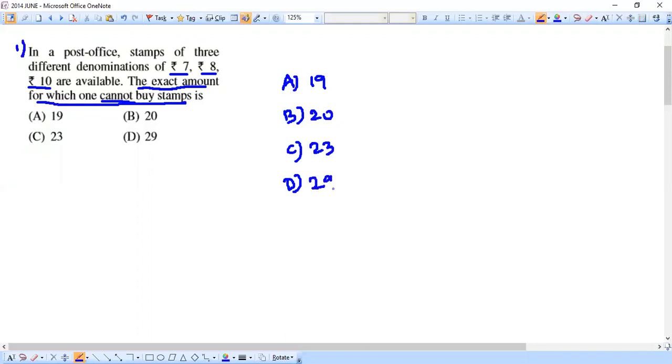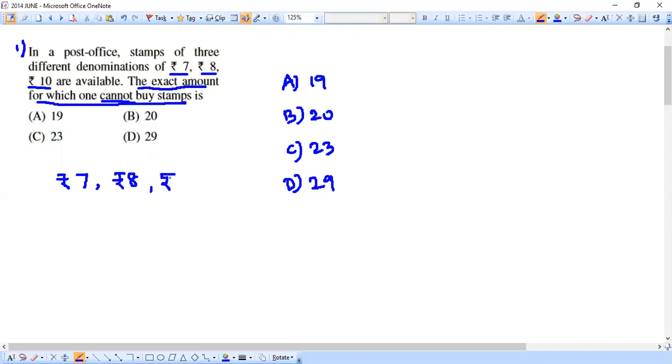Here we go. It's very easy for us to get the answer. Just an arithmetic play with numbers itself will help us to get the answer very easily. Let's see how this can be done. We have to strongly remember that we have only 3 denominations available: one is 7 rupees, the other 8 rupees, and the other one 10 rupees.